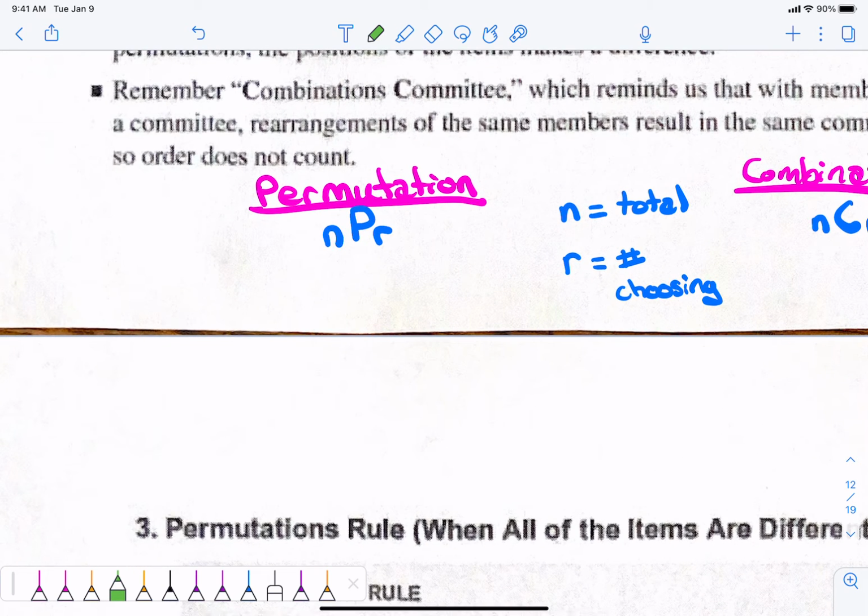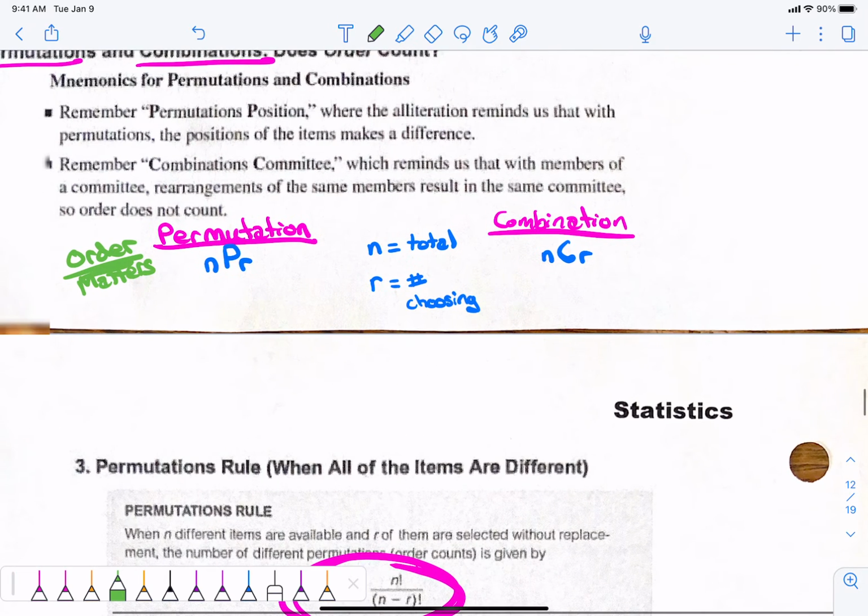And how do you remember the difference between the two? Permutation, order matters. The order in which I choose them matters. Combination, order does not matter. Let me give you an example of how that works. There are 17 of you in here, including Molly.